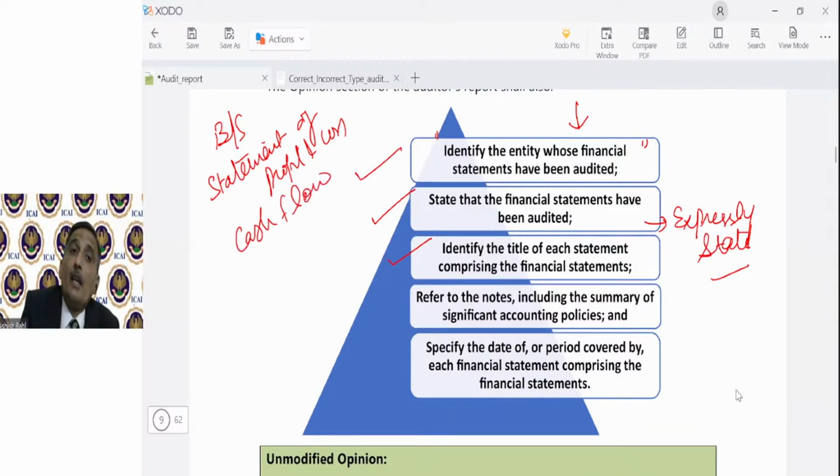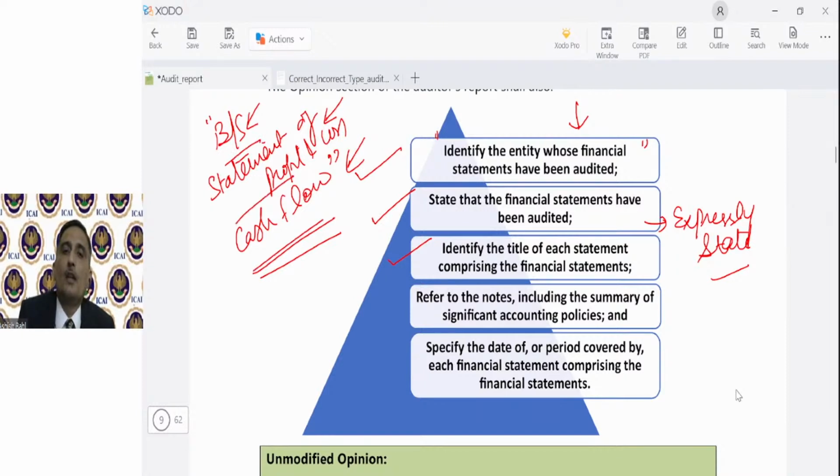Now he cannot write simply that he has audited financial statements of the company. He has to identify each financial statement. Like I told you, the line is: we have audited financial statements of the company which comprise of what? He would identify balance sheet, statement of profit and loss, cash flow, notes, significant accounting policies, and specify the date or period covered by financial statements.